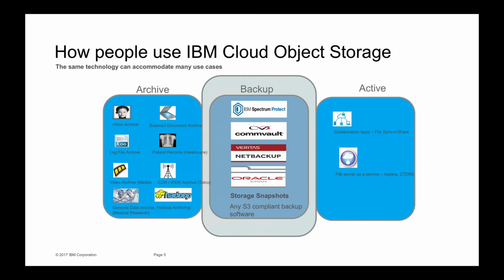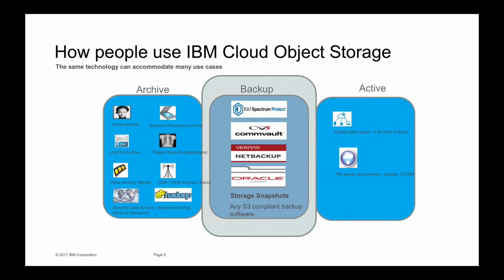Things like Hadoop, Apache Spark, Watson, Data Science Experience and many others need a great deal of data to actually perform their analytics, but that data storage costs a lot of money, so we provide a low-cost data tier for those analytics applications. On the backup side, IBM Cloud Object Storage can be integrated with most of the enterprise backup applications, IBM Spectrum Protect obviously, Commvault, Veritas NetBackup. Oracle RMAN can write directly to object storage as well. There's also integration directly from storage arrays, so a number of storage arrays now have the capability to offload their snapshots out to IBM Cloud Object Storage.